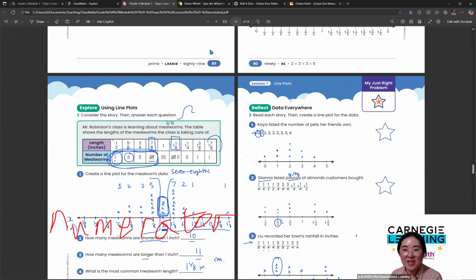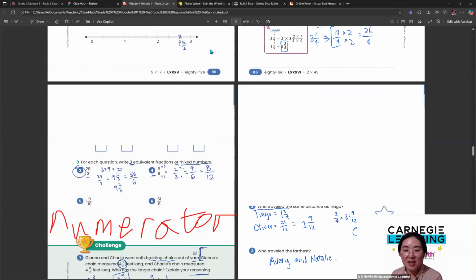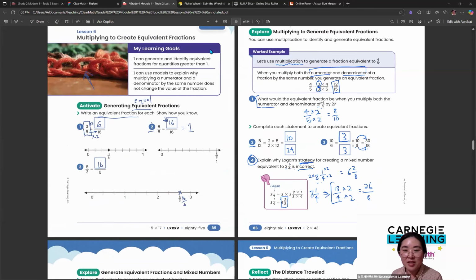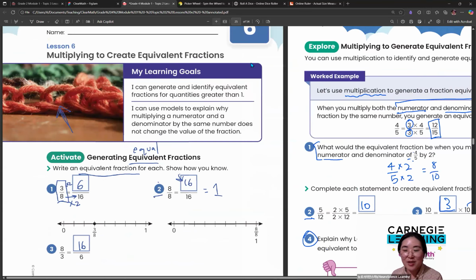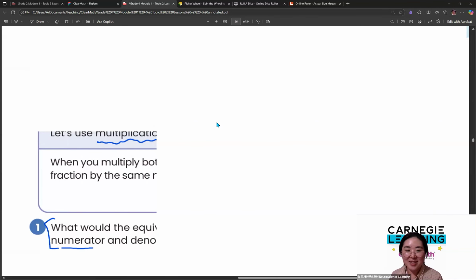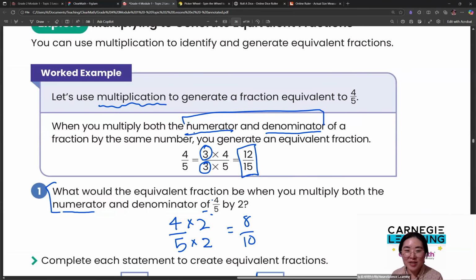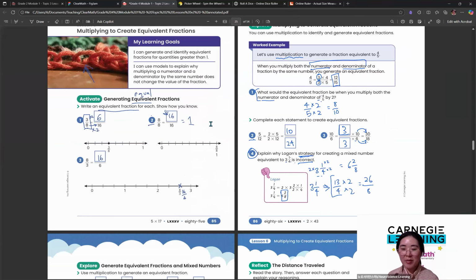We're going to check the answers in our notebook. You can check your answers here. Numerator and the denominator. Oh, I got it. Nice. Good job, everybody.